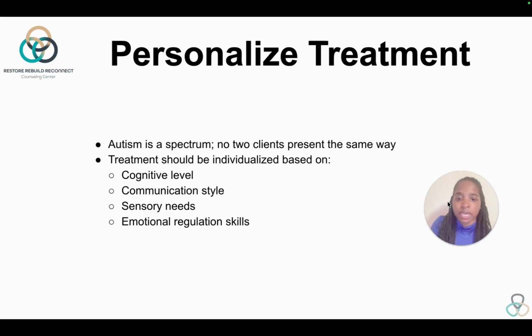With that in mind, some things to consider are the client's cognitive level, communication style, sensory needs, and emotional regulation skills. But this list is really endless, it goes beyond these things.